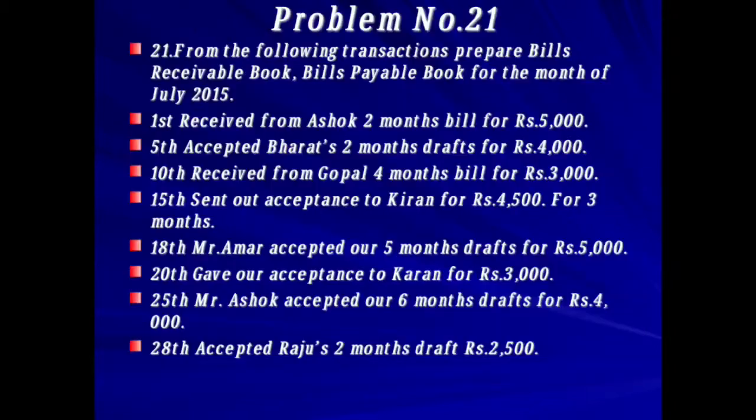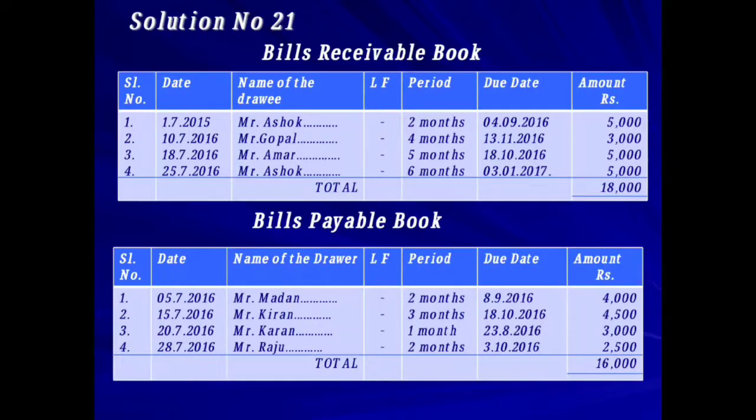5000 rupees from him. Then the next entry we have on 5th: accepted Bharat's 2 months draft for rupees 4000. Now here also I request you to change the year, make it July 2016. So bills payable we have to pay now.